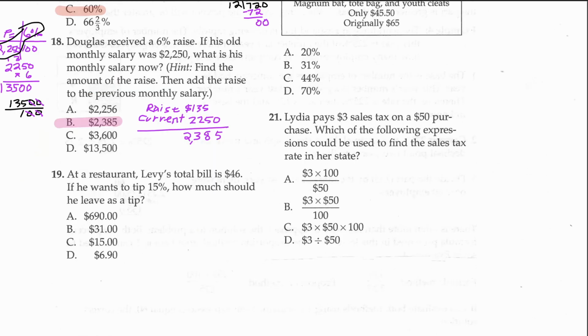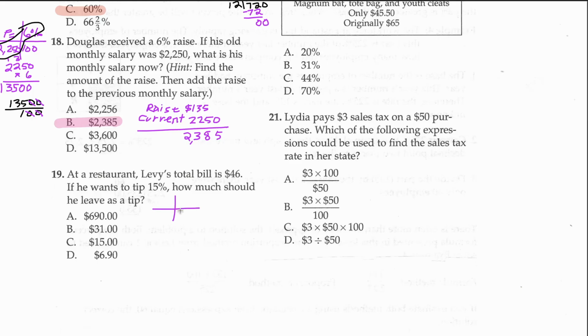For number 19, at a restaurant, Levi's total bill is $46. If he wants to tip 15%, how much should he leave as a tip? So we are looking for the part here. We can do the big plus. So let's put the big plus.